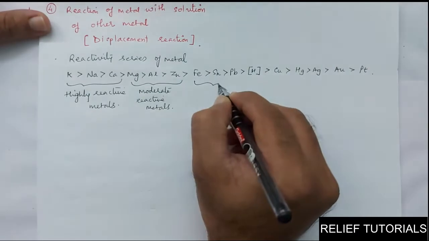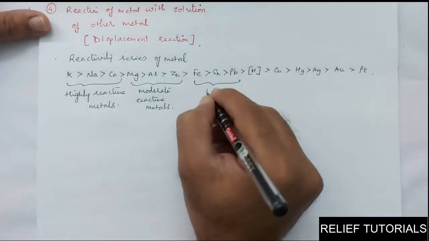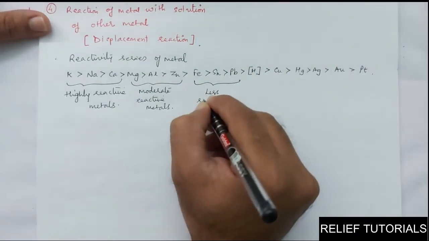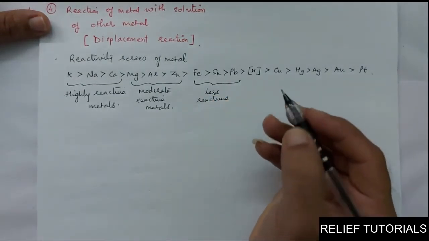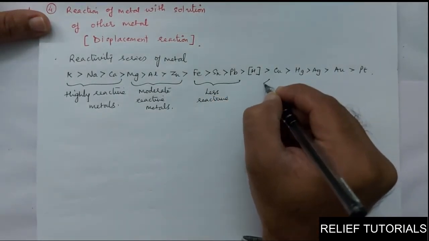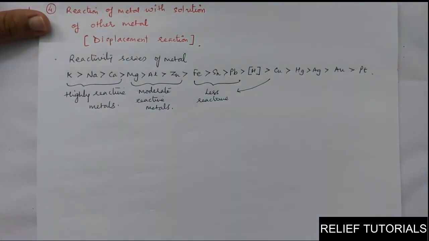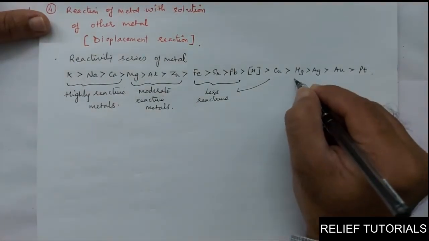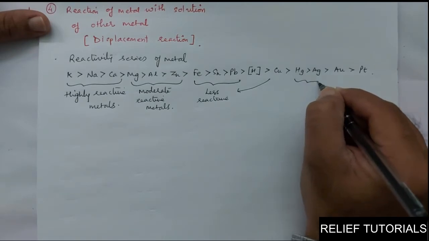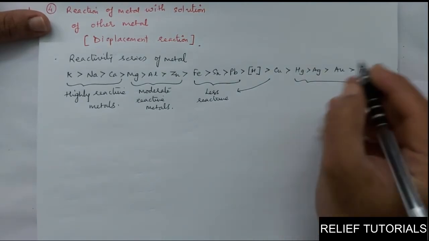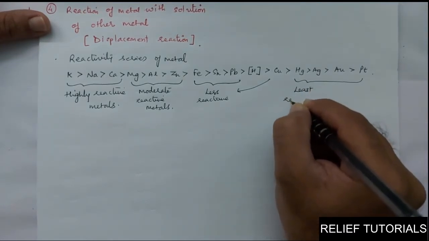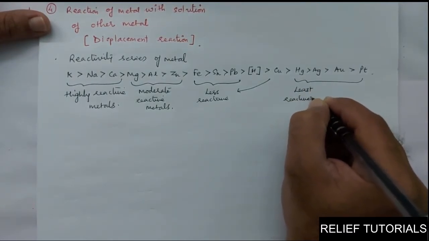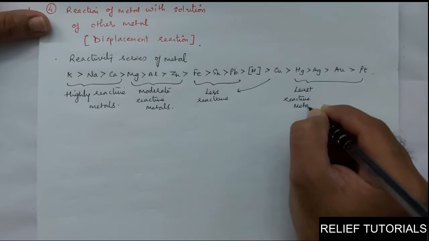Iron, tin, lead are called as less reactive metals, even copper. Silver, mercury, gold, platinum are least reactive metals.